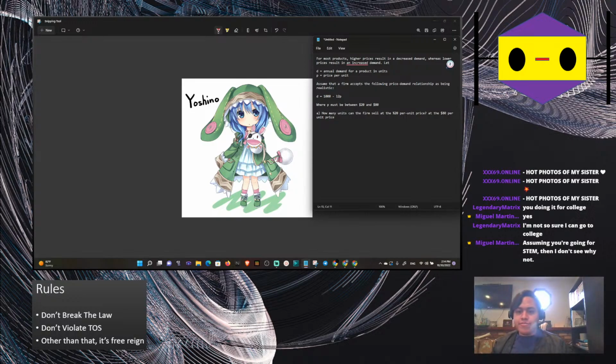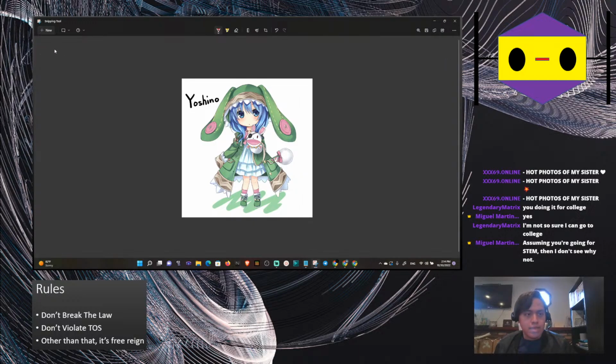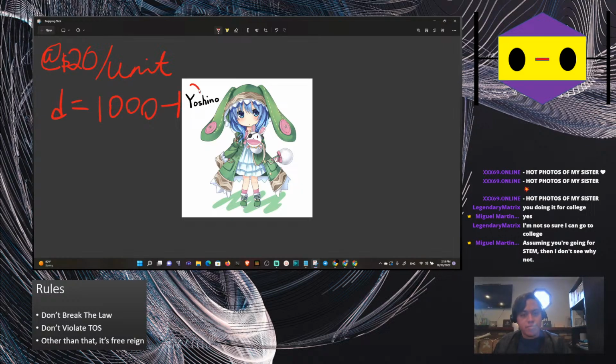So first we have to find, okay, at $20 per unit. I guess the D is the objective function, right? So let's analyze this. In this case, we have D is equal to 1,000 minus 12p, correct?